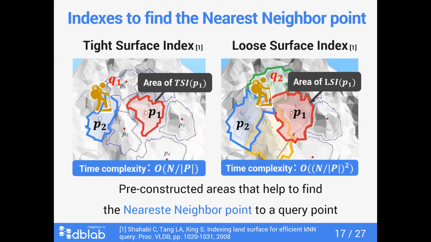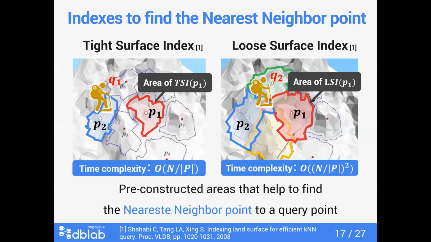If a query point is within this boundary, the corresponding point within the boundary is the nearest neighbor point. For example, the nearest neighbor of yellow query point Q1 is blue P2. On the other hand, the loose surface index on the right side is slightly looser and it covers the entire TIN.